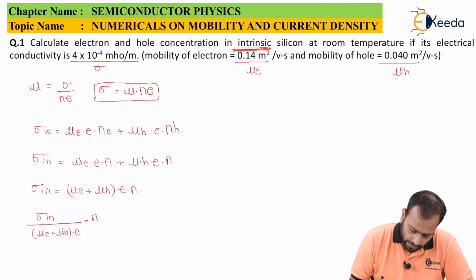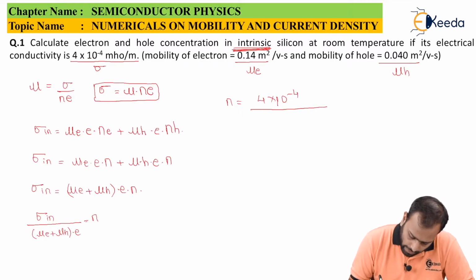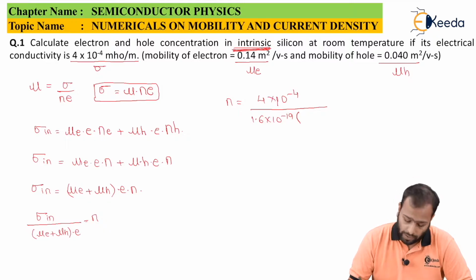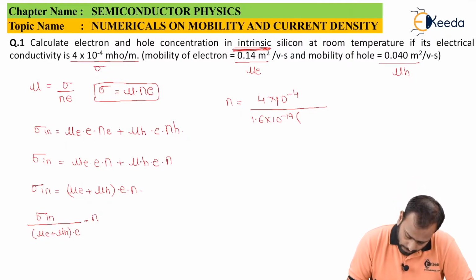On solving, I'll get the value of n as 4 into 10 to the power minus 4, just plugging in the values, divided by 1.6 into 10 to the power minus 19, and I'll be adding the values of mu e and mu h, which is 0.14 plus 0.040.